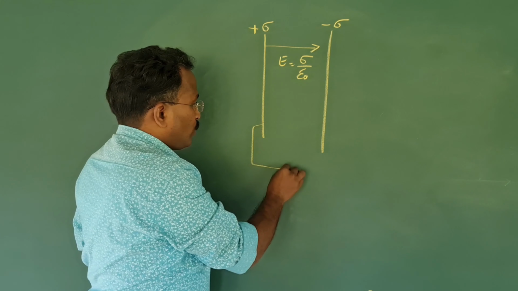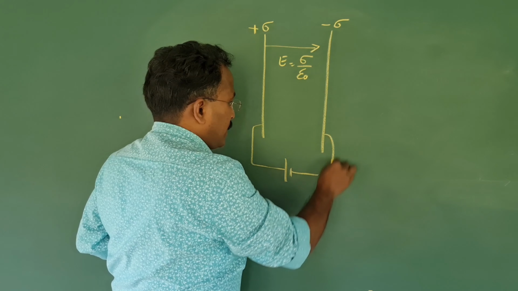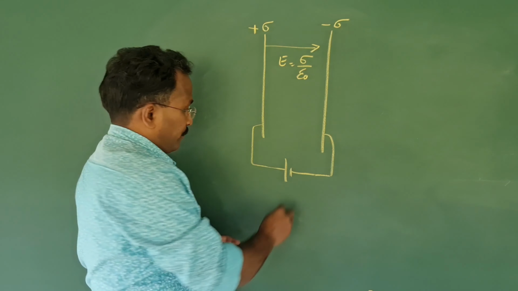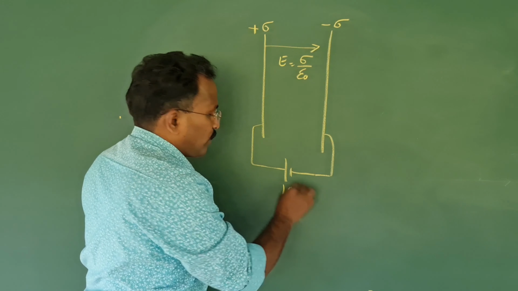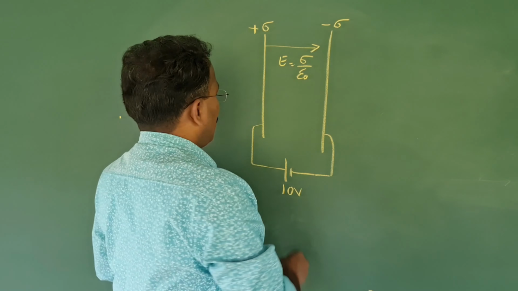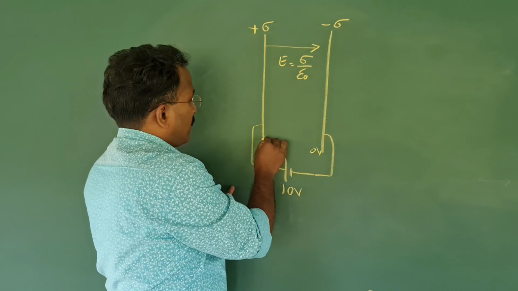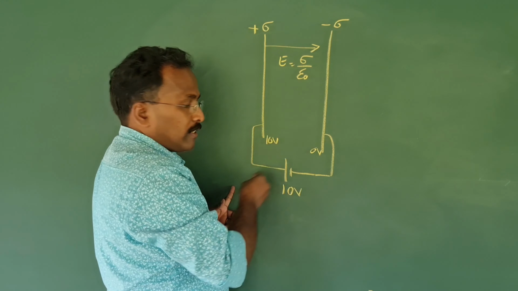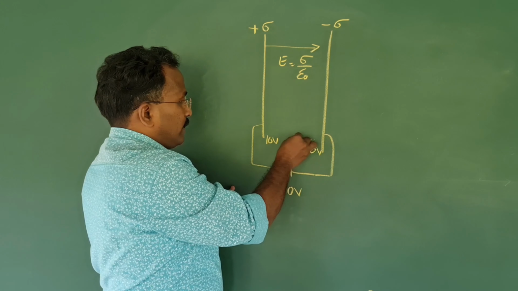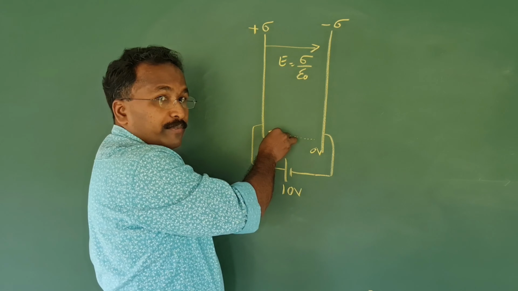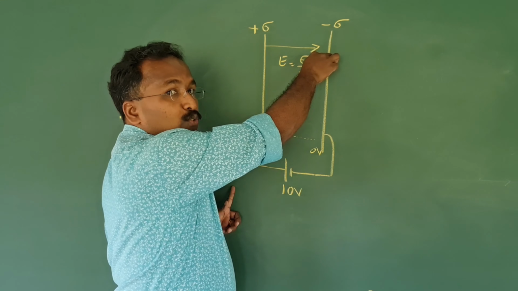For that, you have to connect these sheets to a battery. Just imagine you are connecting a 10 volt battery. Then it is 0 potential here, 10 volt here. So electric potential progressively increases in this direction and electric field is opposite to that.